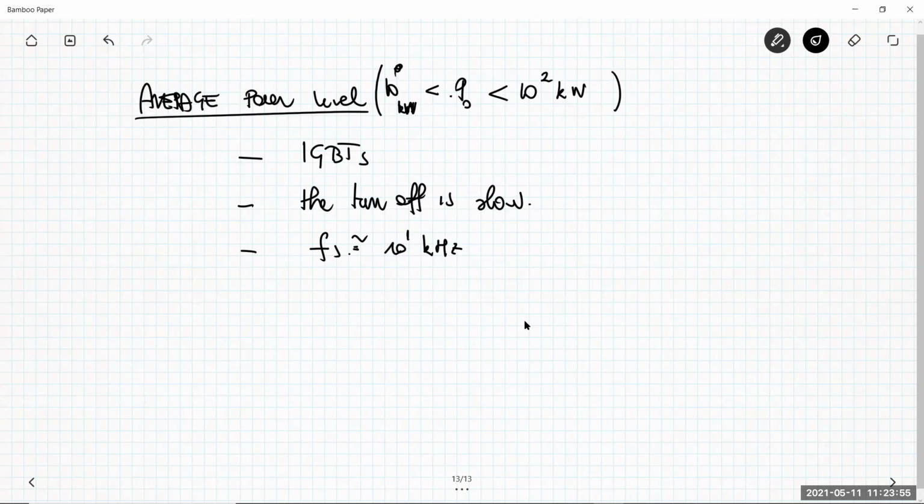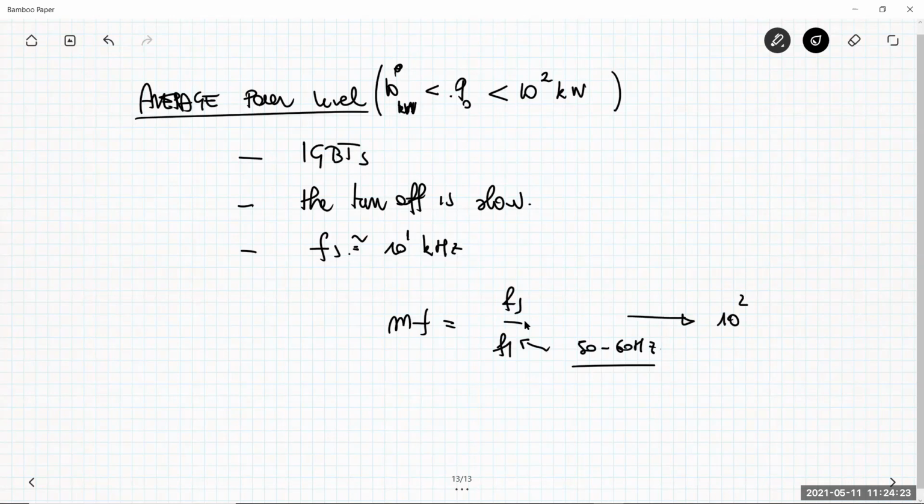In that case, MF, Fs over F1, in the case F1 is 50 or 60 hertz, so you are considering the standard application for these AC motors operating at fundamental frequencies in the hundreds of hertz. This means that this is in the range of hundreds.